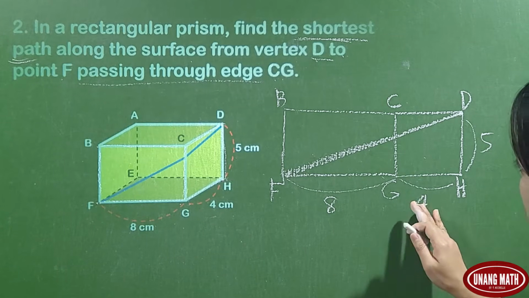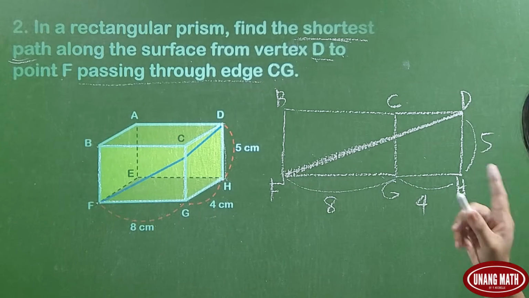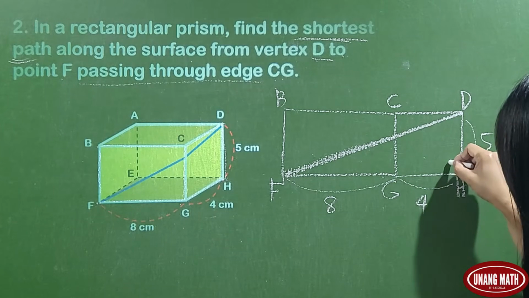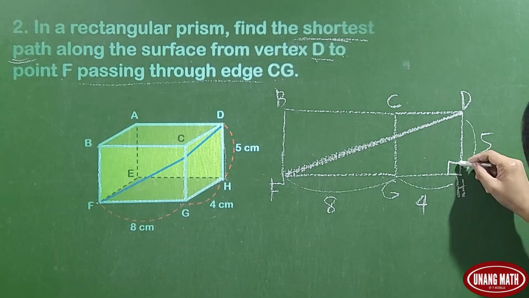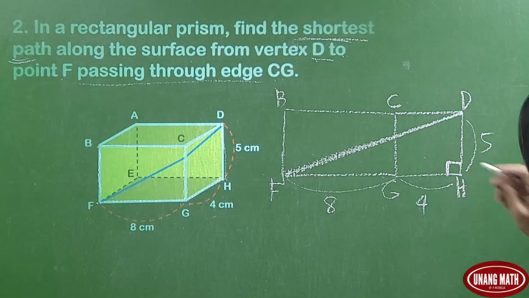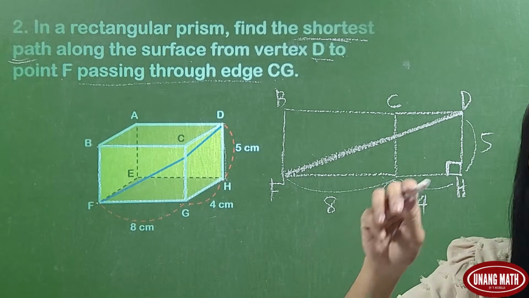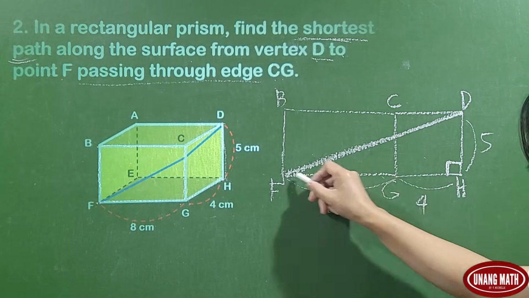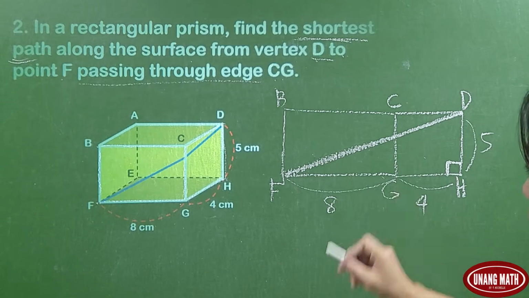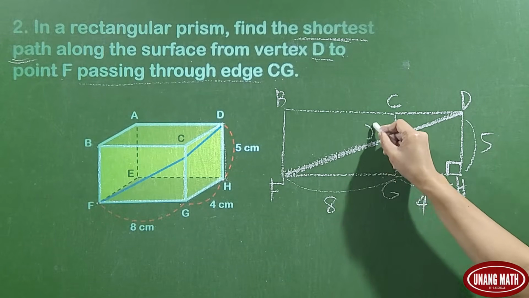Okay, now, to get this length, we know that this is a right angle. So it means we can find this length using the Pythagorean Theorem. And to find its length, let's say this is x.